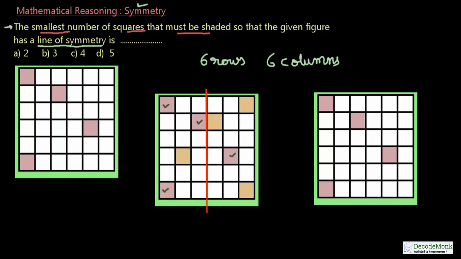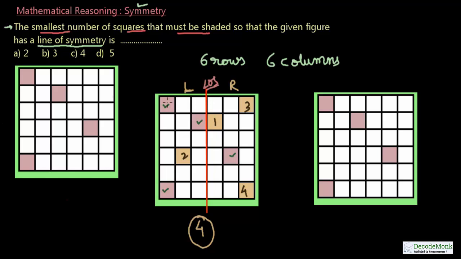Now how many squares are shaded over here? 1, 2, 3, 4. So you see that we have shaded 4 squares to make the figure symmetric on either side, left hand side and right hand side. You can see that the figure is symmetric across this red line of symmetry.